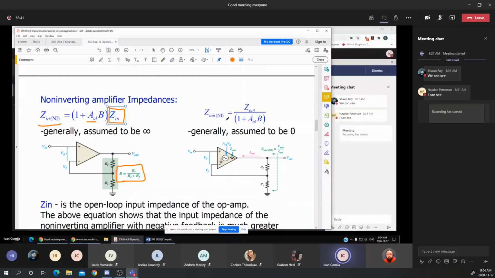On the output impedance for a non-inverting amplifier, you notice that it is the provided Zout over 1 plus the same bracket, 1 plus the gain for an open loop, which is again provided. B is defined by the two resistances, Ri and Rf. The Zout provided by the manufacturer is divided by this bracket, and this bracket is greater than 1.